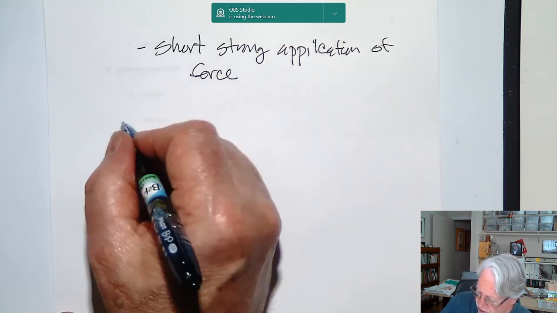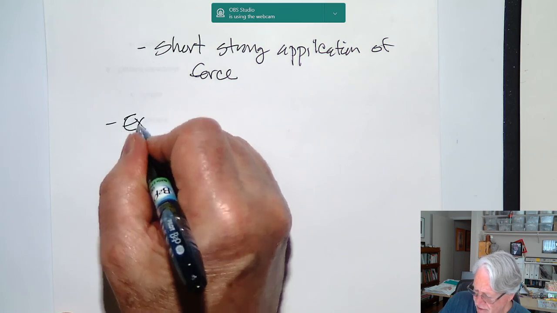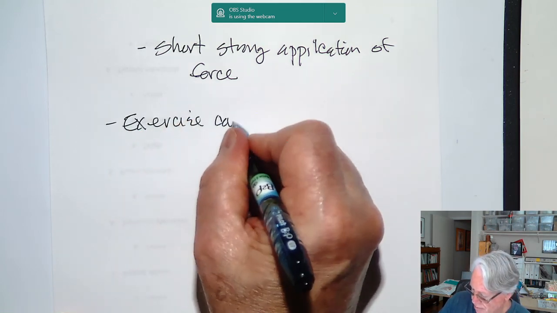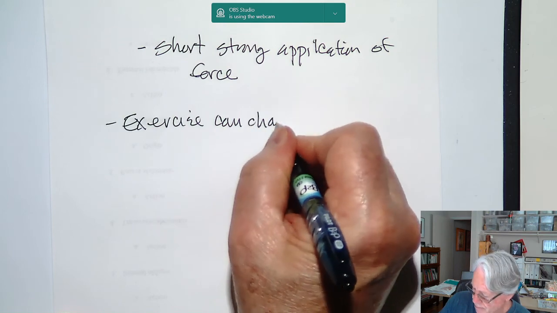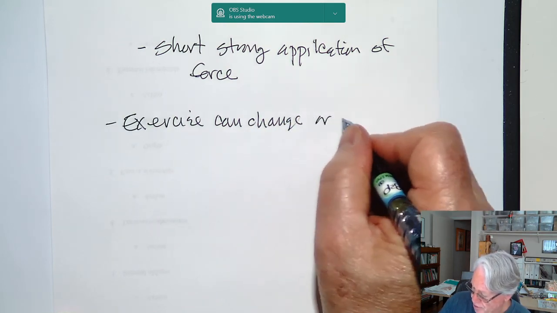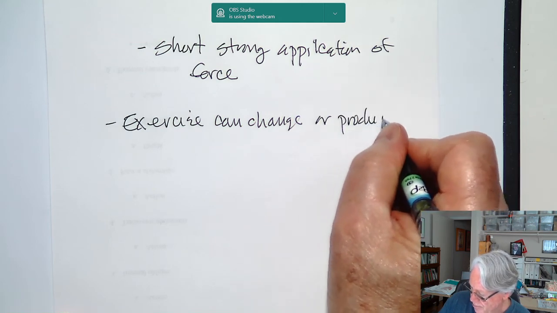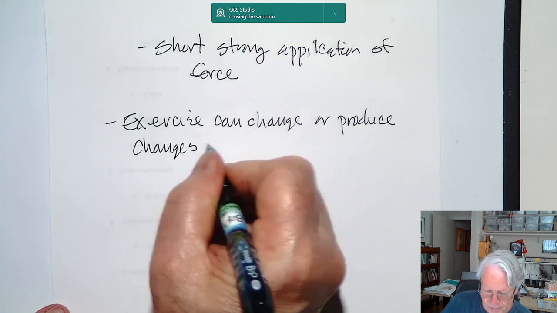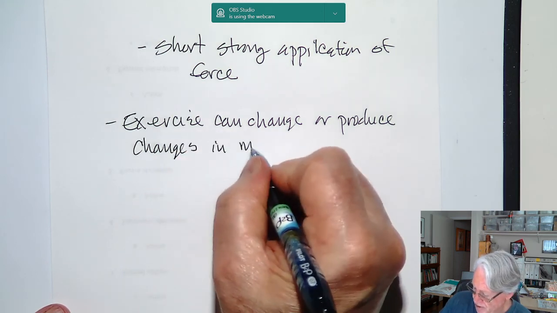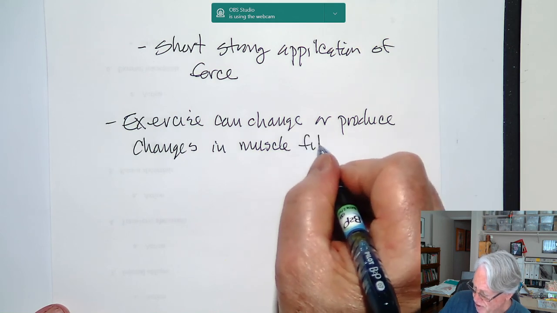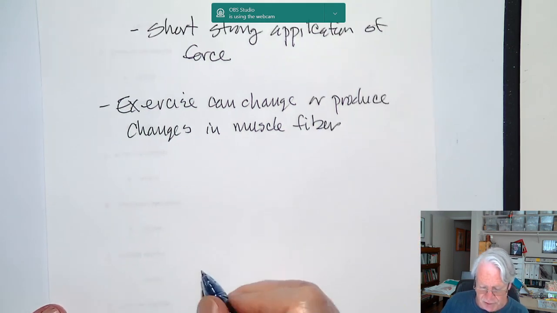A couple of points. Exercise can change or produce changes in muscle fibers. So you're not set with a certain type of muscle fiber all your life. That can change over time.